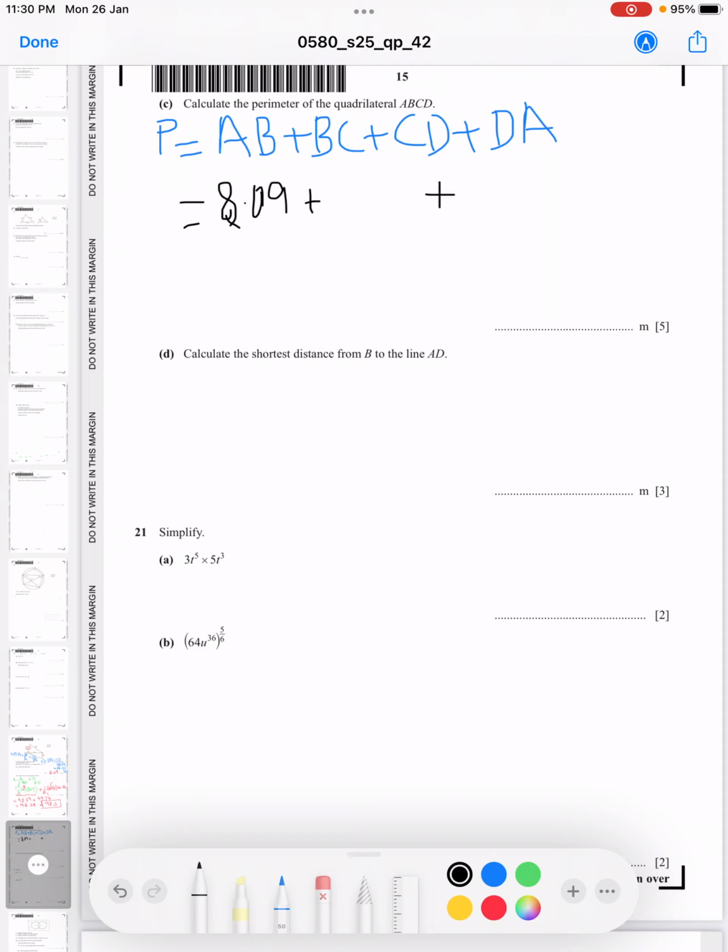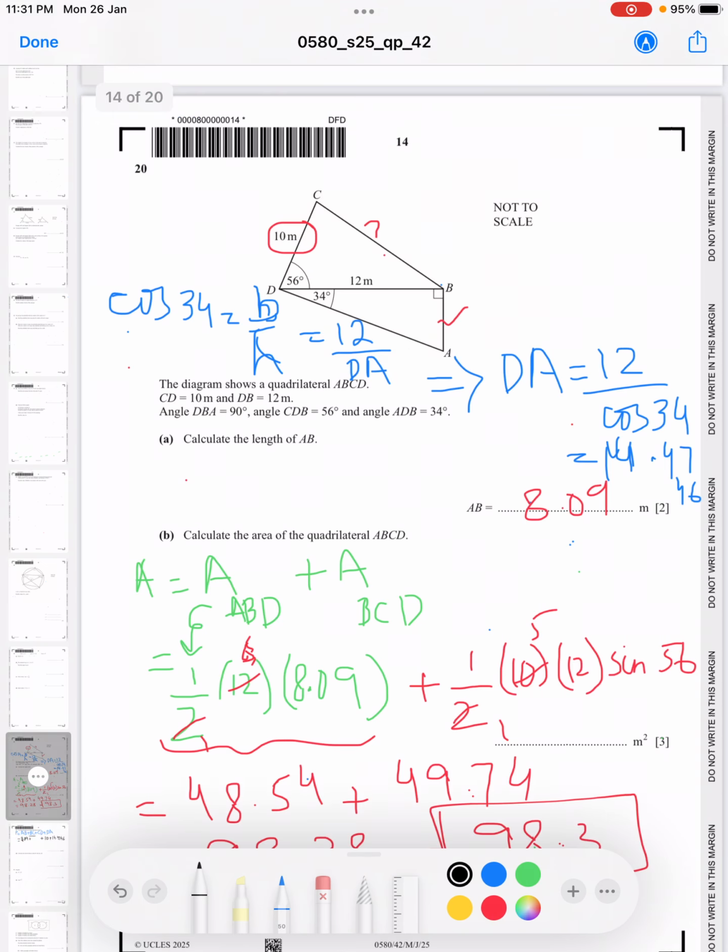Then CD is 10. Yes, 10 is given, plus DA we calculated 14.4746, right? Okay, now what we need to find out? We need to find out BC. Okay, go back to the question, making space, and then we will do it.